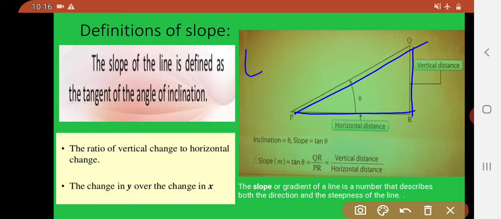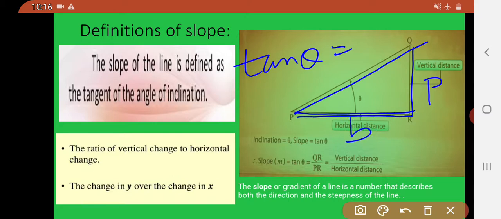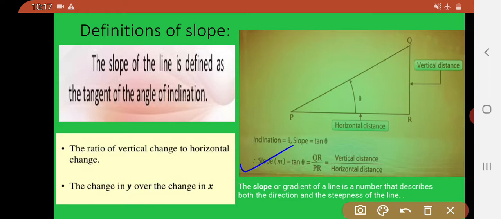And tan theta, you know, is P by B, perpendicular by base. Here the perpendicular is the vertical distance and the base is the horizontal distance. So QR by PR, that is the slope, and slope is denoted by m equal to tan theta equal to QR by PR, that is vertical distance by horizontal distance.